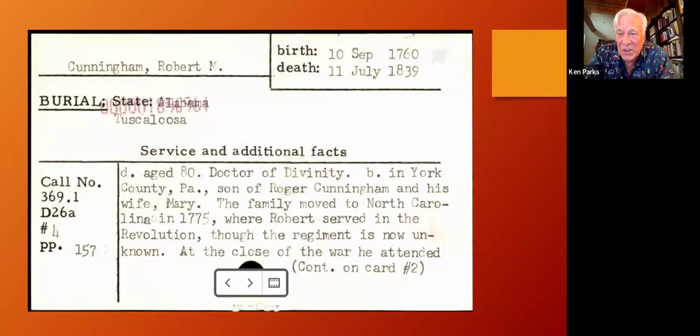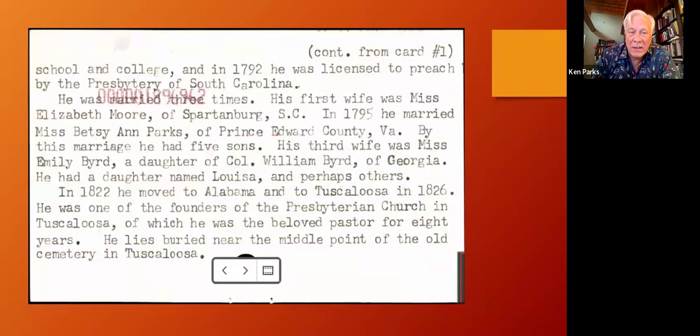There's his dates of birth and death, 1760 to 1839. He died at age 70. He was a doctor of divinity, born in York County, Pennsylvania. The family moved to North Carolina in 1775, where Robert served in the Revolution, though the regiment is now unknown. At the close of the war, he attended school and college, and it goes on.